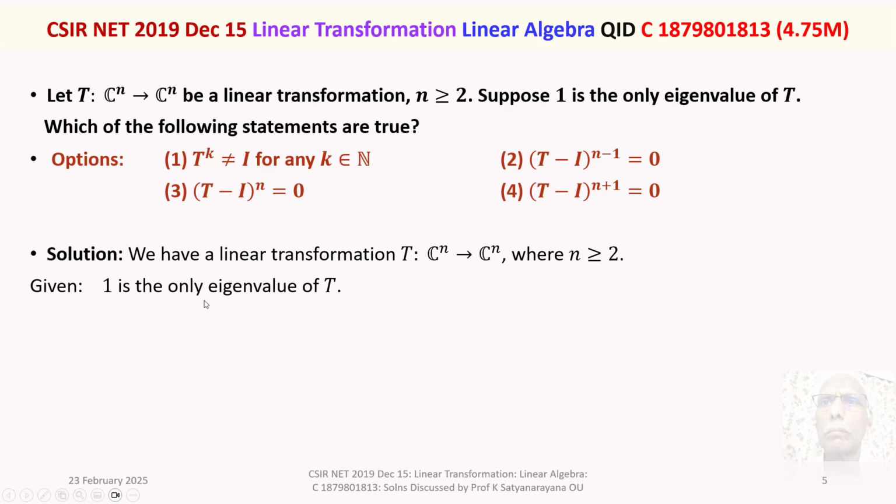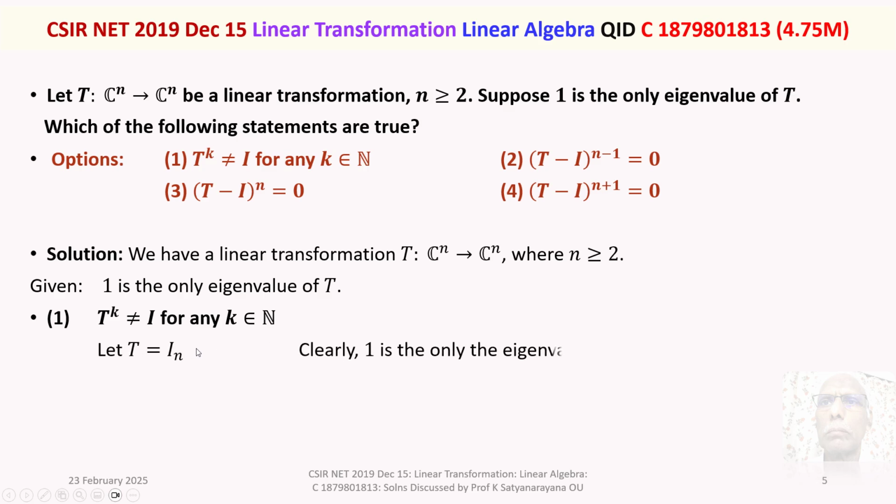Given 1 is the only eigenvalue of T, take option 1, T power k not equal to I for any k belongs to N. Let T be the identity matrix. Clearly, 1 is the only eigenvalue of T equal to I_n, the identity matrix. But T power k is identity for all k belongs to natural numbers. Identity multiplied any number of times is identity only.